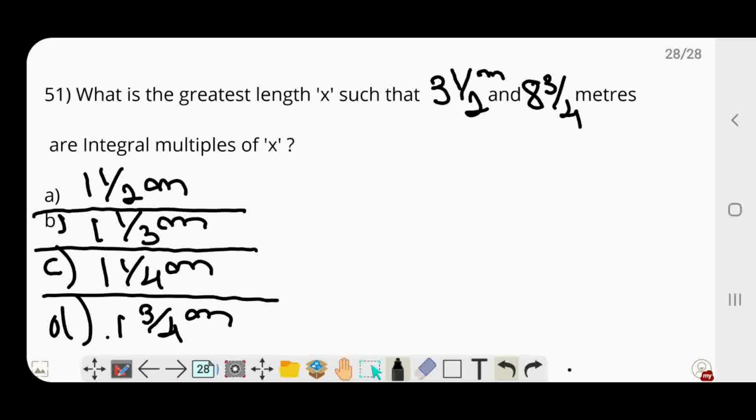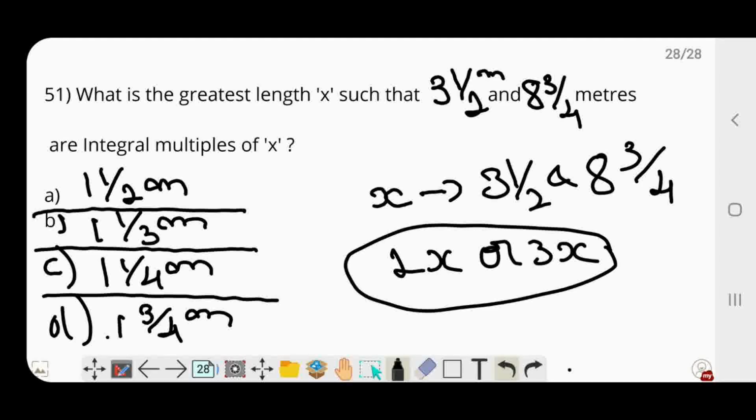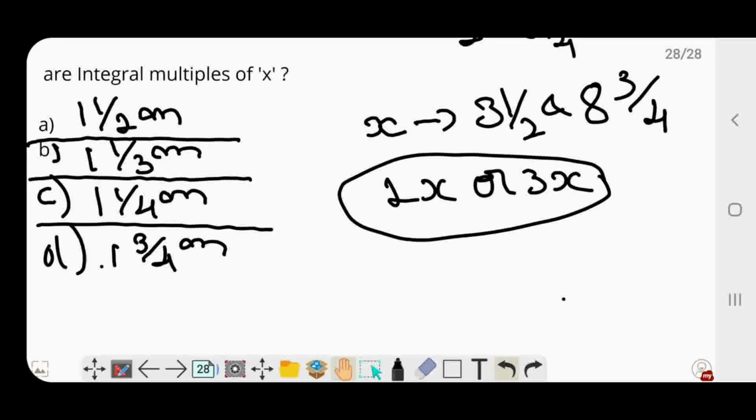So we need to find a value x such that 3 1 by 2 and 8 3 by 4 are multiples of x, like 2x or 3x, 4x, whatever it is.